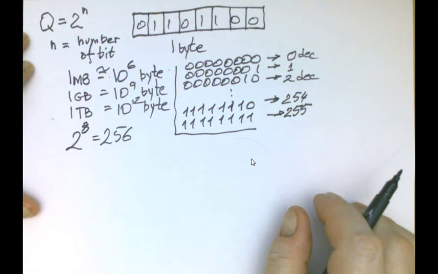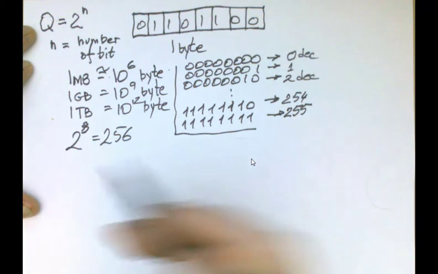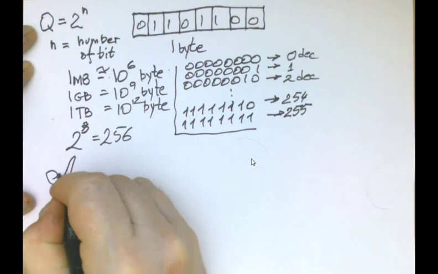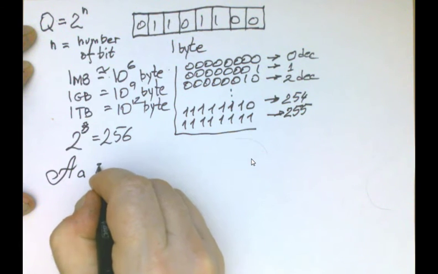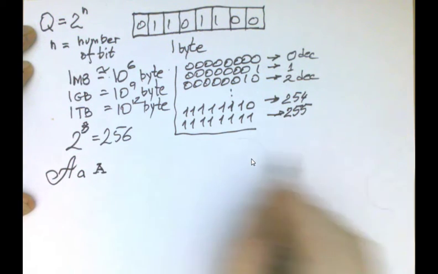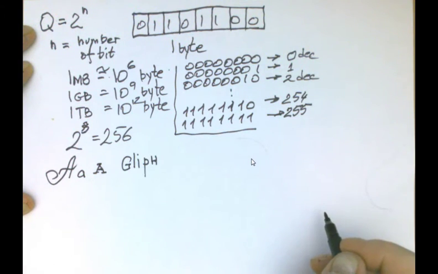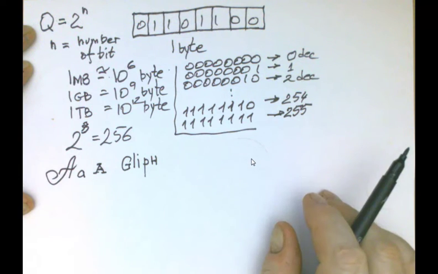Now let us speak about encoding. In the computer there is no way to put the regular glyphs of our letters. What is a glyph? A glyph is the form of a letter. A is this kind, and A is also this kind, and A is also this kind. All of them are A, and we call this the form, the glyph. A glyph is the structural form of a letter, of a character.